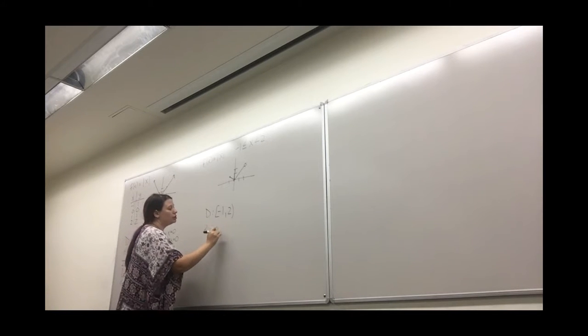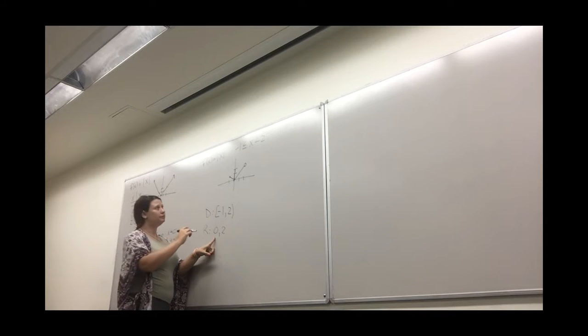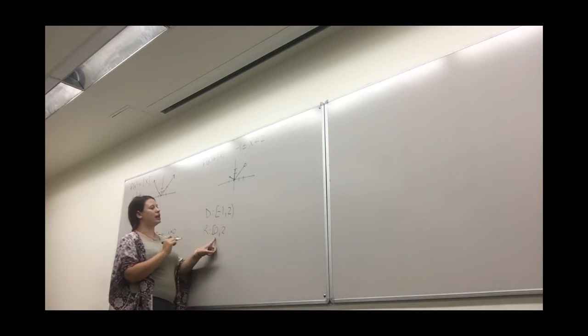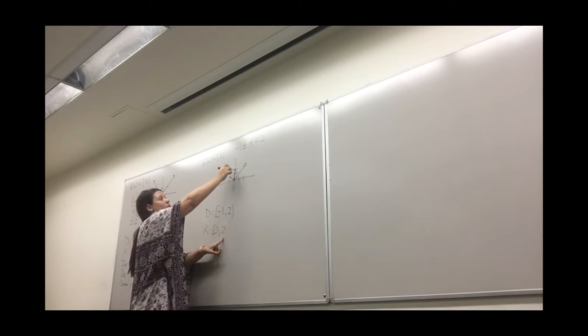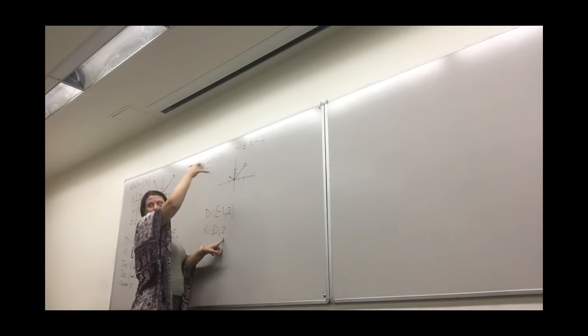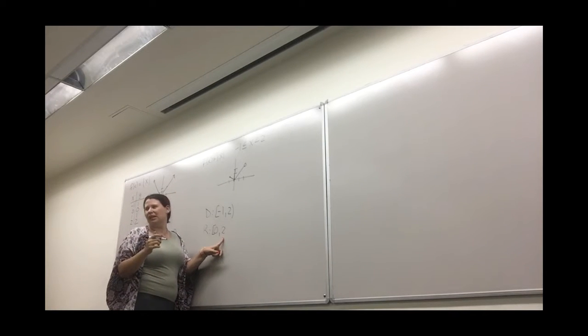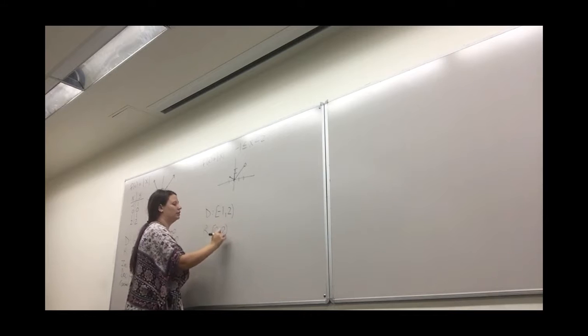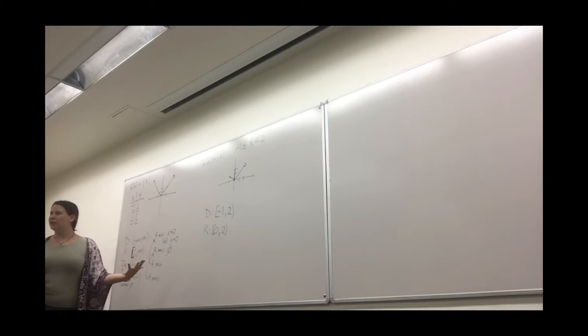So we have 0 to 2 with what type of closures? 0 gets a bracket because we're actually there. 2 gets a parenthesis because when we're there, we're not there kind of thing, right? It's an open circle that's there. Does that make sense? Okay. So do we see how our domain and range changed when we restricted what portion of the function we're looking at?